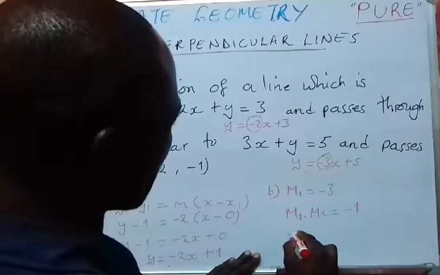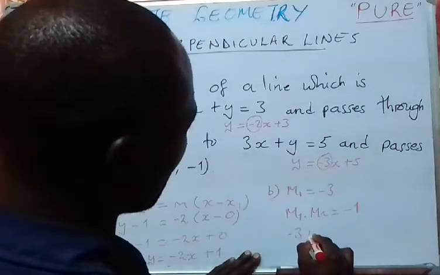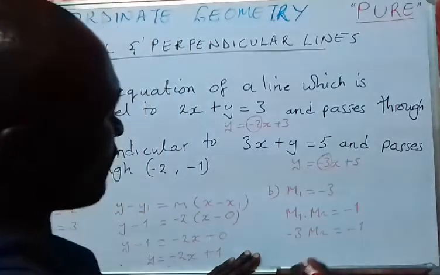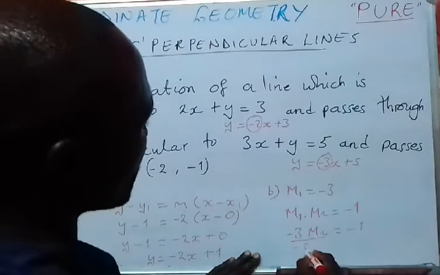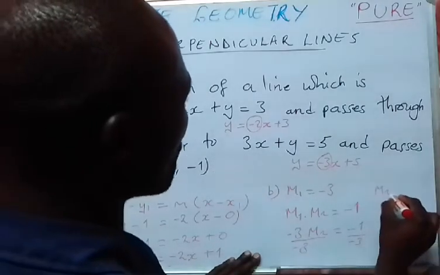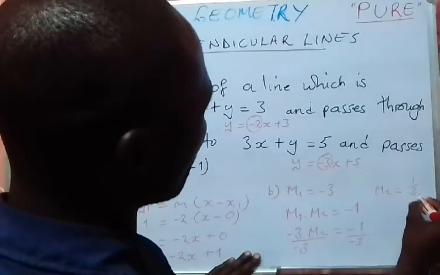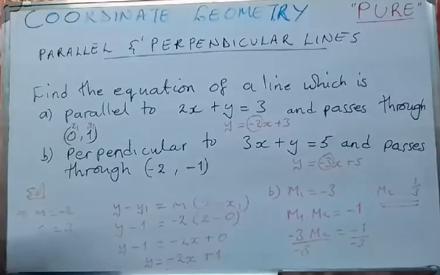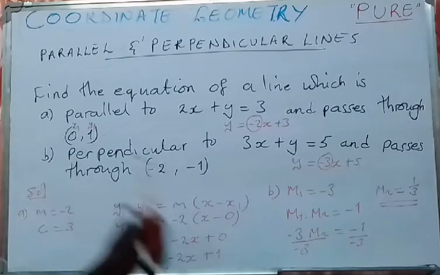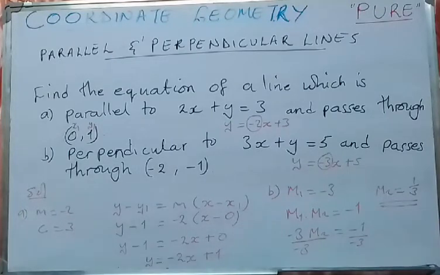Here negative 3 multiplied by gradient 2 is equal to negative 1. Dividing both sides by negative 3, gradient 2 will be 1 over 3.